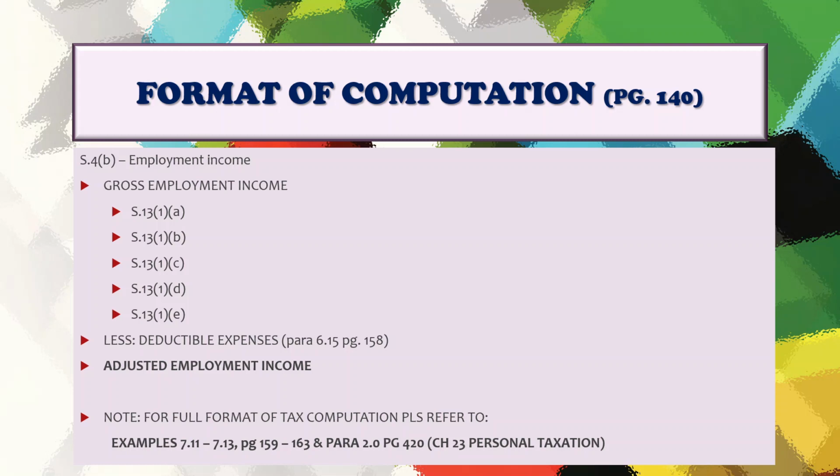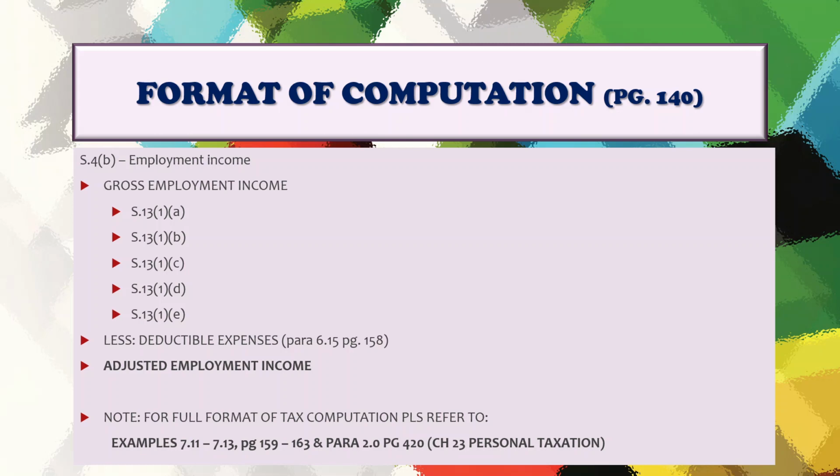You can see the full format for section 4B alone, how the questions are given, and from the question we transform into computation. Example 7.11 is quite detailed, which has all 13(1)(a), (b), (c), and also (e).